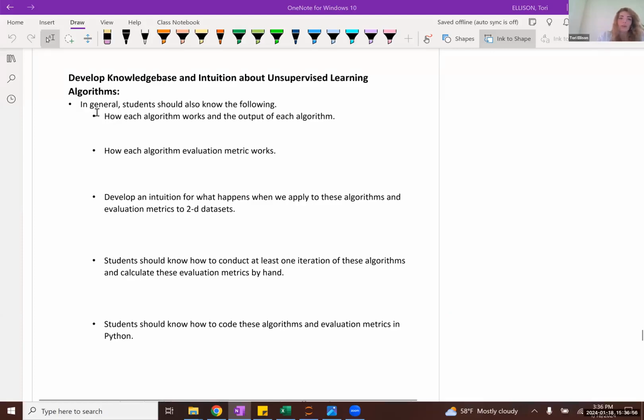So in general, you should know how the algorithm works and what the output of the algorithm is. Whenever we introduce a new algorithm, most likely you will have to write out an iteration of that algorithm by hand in the homework assignments. And this goes for the actual algorithms themselves, as well as the evaluation metrics that we use to evaluate the results of the algorithms.